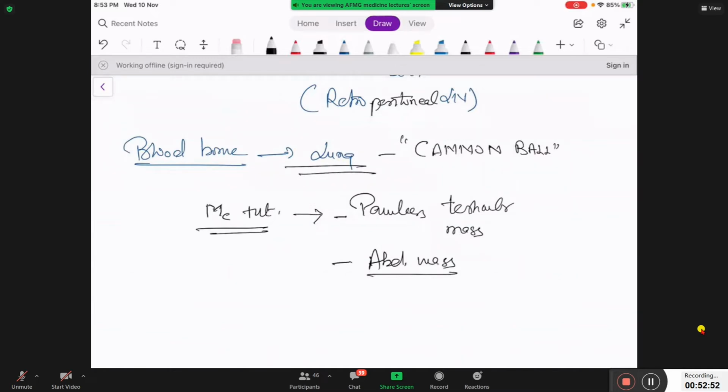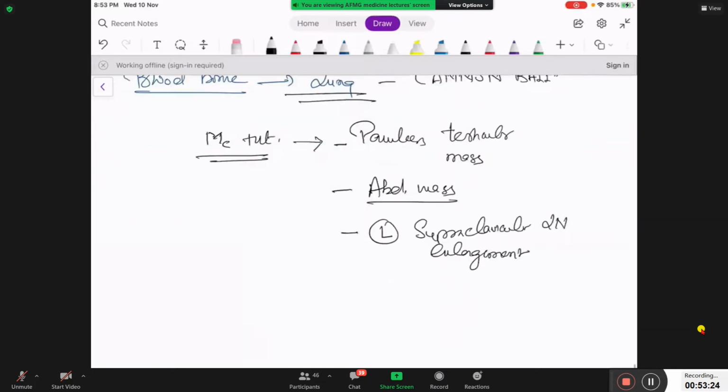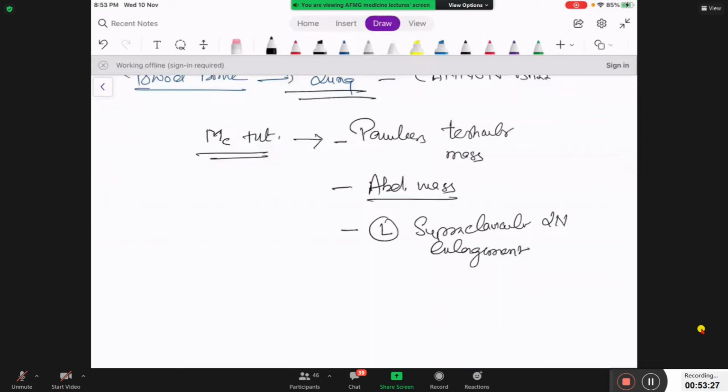Undescended testis developing into malignancy, or the retroperitoneal lymph node enlargement, right? So patient can come to us with an abdominal mass, or a testicular mass. Patient can have a left supraclavicular lymph node enlargement also.